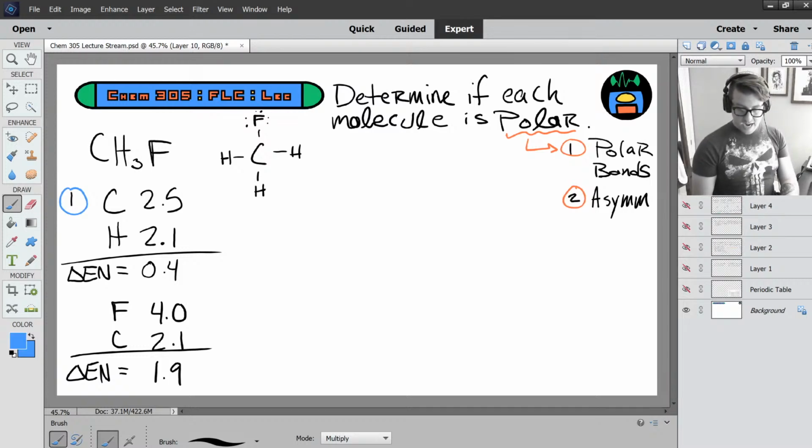Now, the difference between carbon and hydrogen, those bonds are nonpolar. They're just straight up covalent.